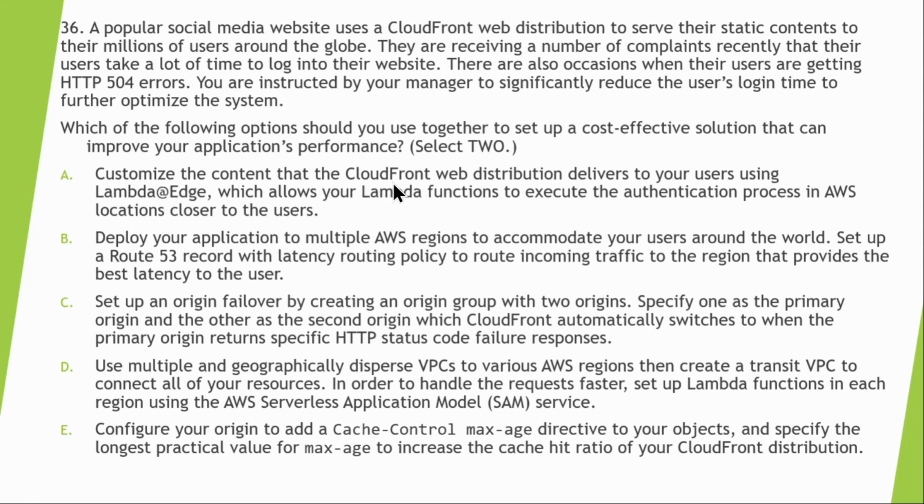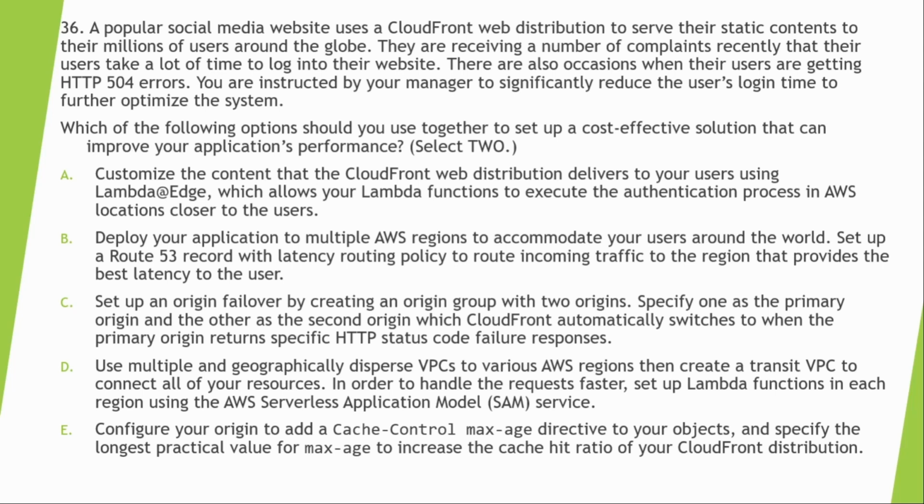Customize the content that the CloudFront web distribution delivers to your users using Lambda@Edge, which allows your Lambda functions to execute the authentication process in AWS locations closer to the users. So in the given scenario, you can use Lambda@Edge to allow your Lambda function to customize the content that CloudFront delivers and to execute the authentication process in AWS locations closer to the users.